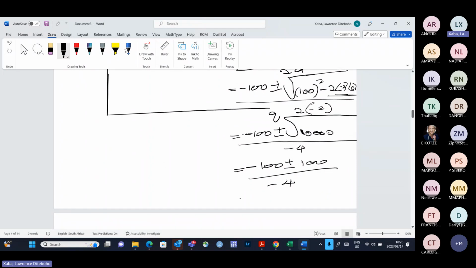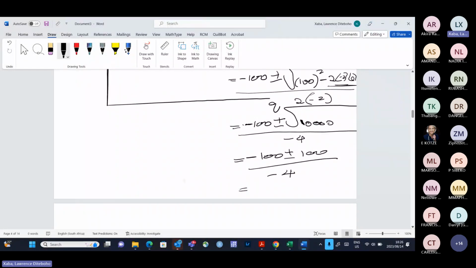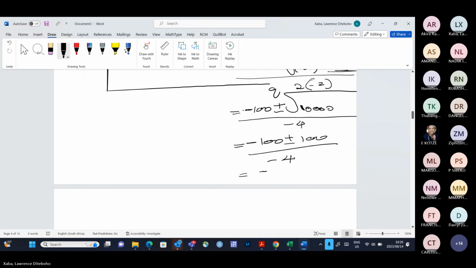So the first value of x, where we are saying negative 100 plus 100, divided by 4: the numerator is going to be 0, so our x is 0 in that case. That is the first x.